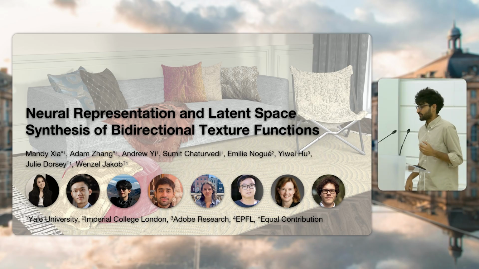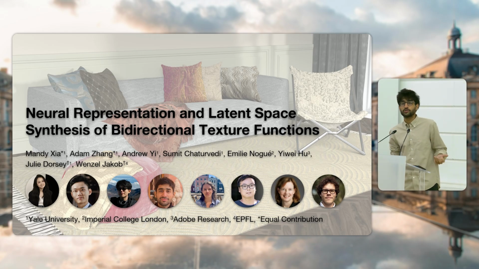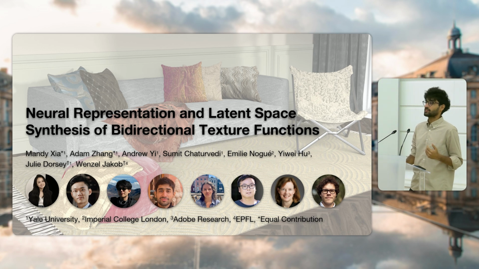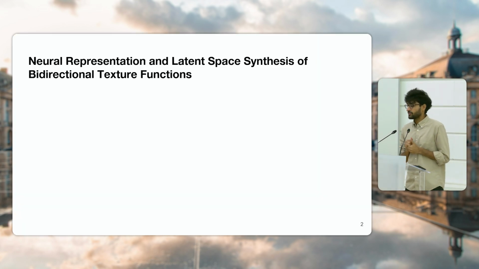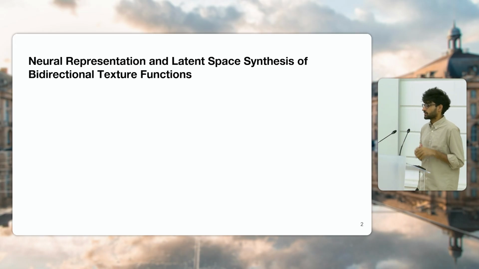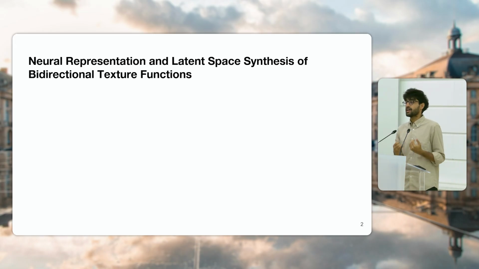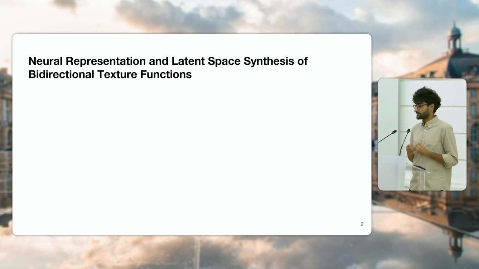Over the next 15 minutes, hopefully I'll convey to you all why this was such a fun project to be a part of. In this work, we built a practical pipeline for acquiring real-world bidirectional texture functions, BTFs, and turning them into reusable neural material assets. We built this in 3 stages.